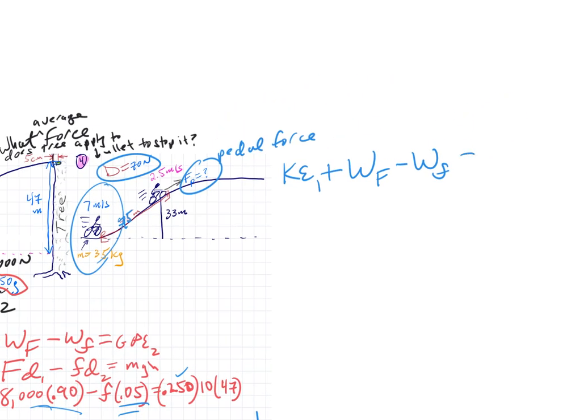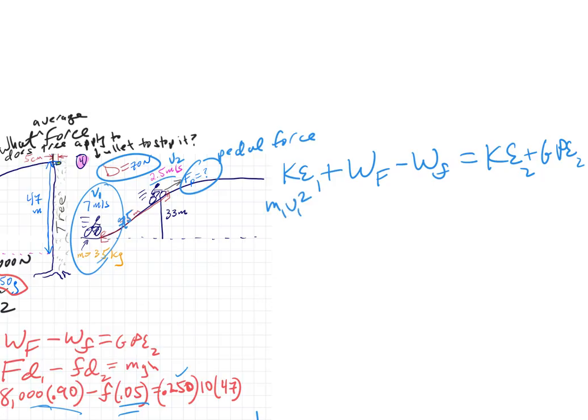Okay, this equals, at the end, does he have KE? Yes, he's still moving. He didn't come to rest. That's V2. That's V1 over here, 7. Okay, does he have height? Yes, so he has GPE. There's no spring potential energy. Okay, break this down.